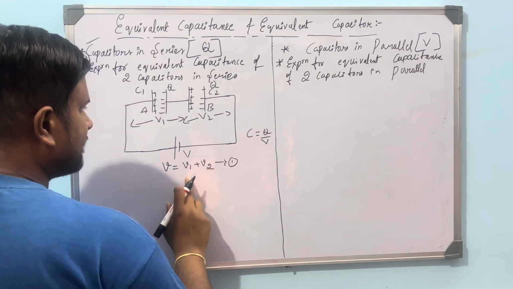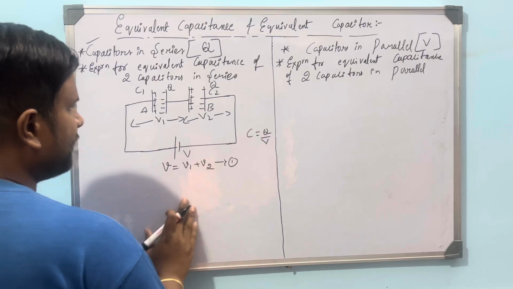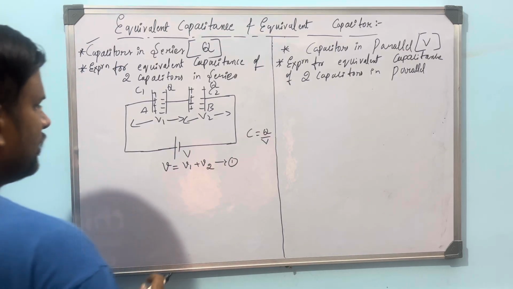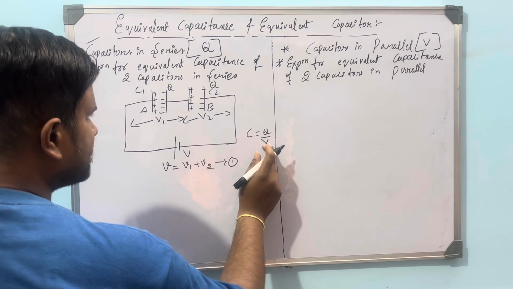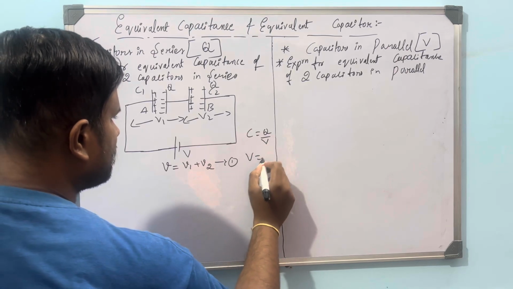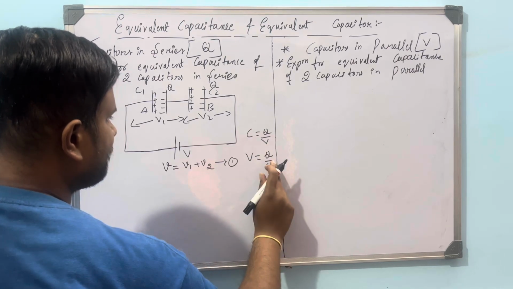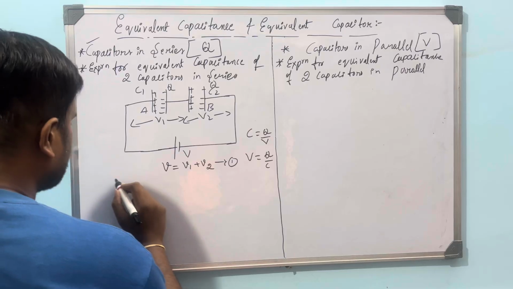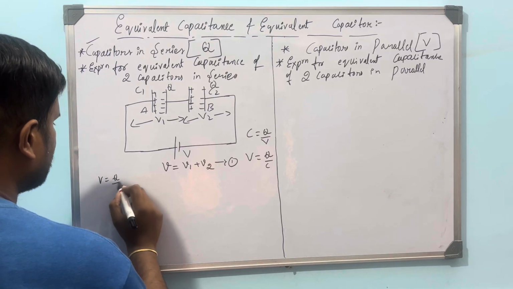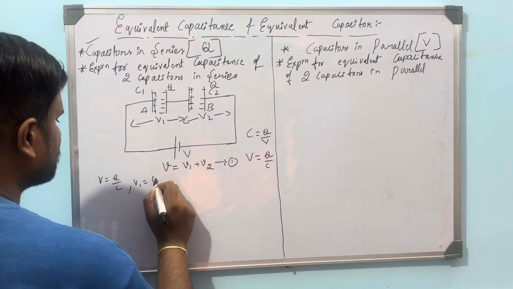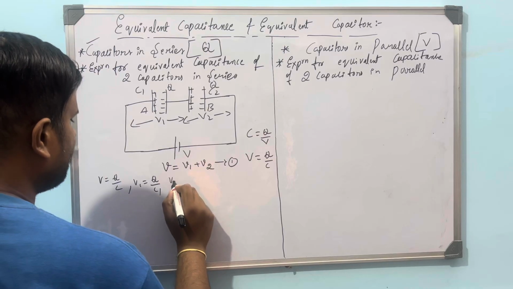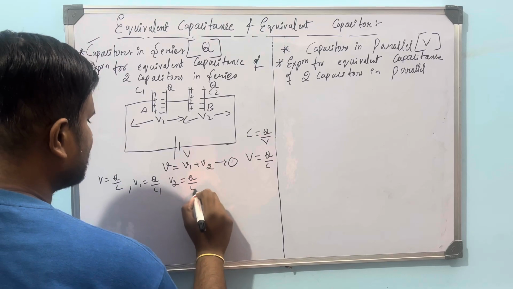Now I need to calculate V1 and V2. From this expression, V becomes Q divided by C. For V1 it becomes Q divided by C1, and V2 becomes Q divided by C2.